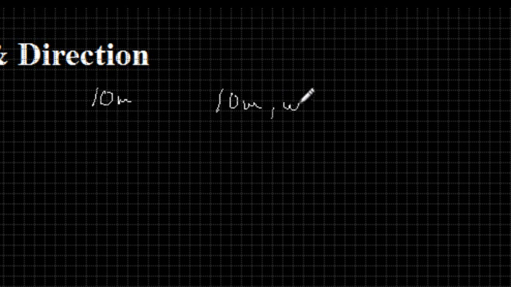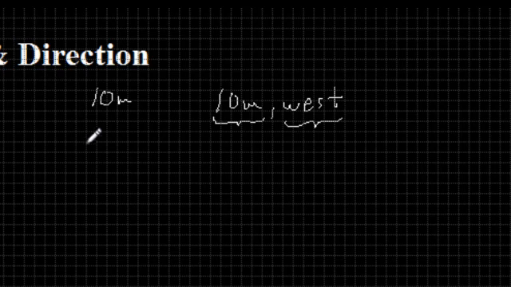What if you wanted to give a direction? Let's say they walked 10 meters in a given direction. Well, then you might say 10 meters west. This one is considered a distance because it only has a magnitude. Whereas this over here is considered a displacement because it has both magnitude and direction. It has both size and direction.